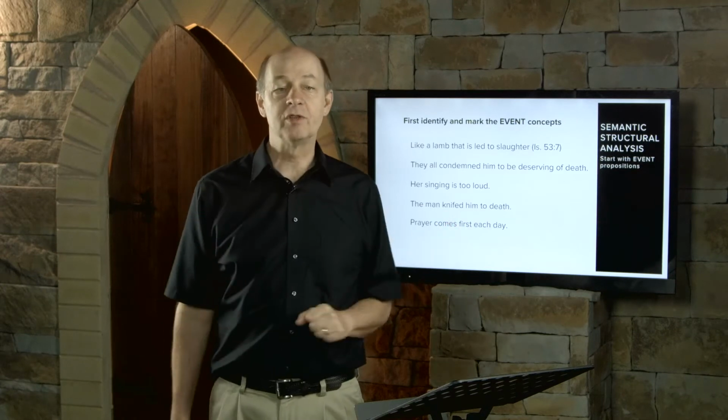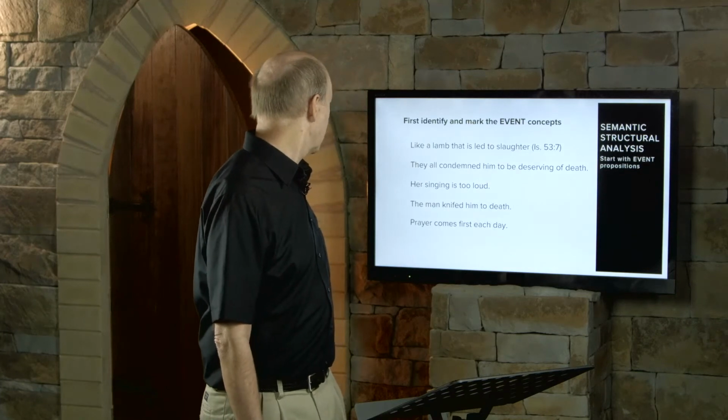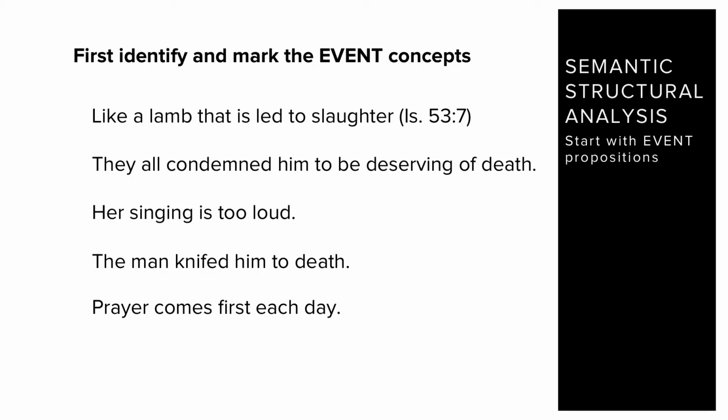So with these examples that we have looked at, the first thing we would do is identify the event concepts. In this first one, like a lamb that is led to the slaughter, there are two events, led and slaughter. In the second one, they all condemned him to be deserving of death. Here we have three event concepts, which means that we have three event propositions.